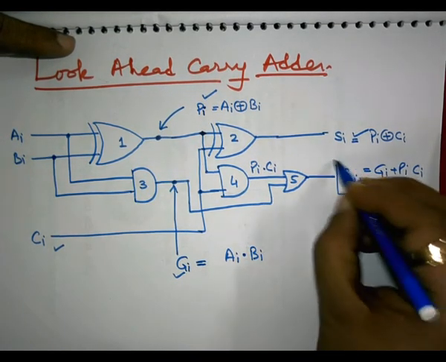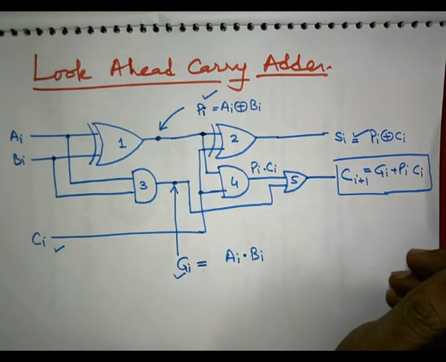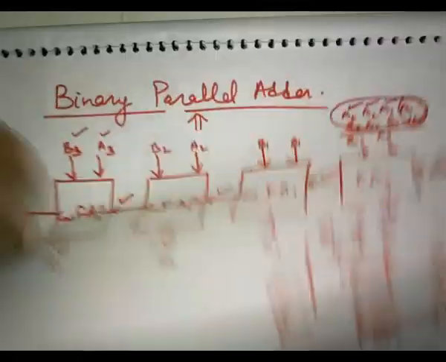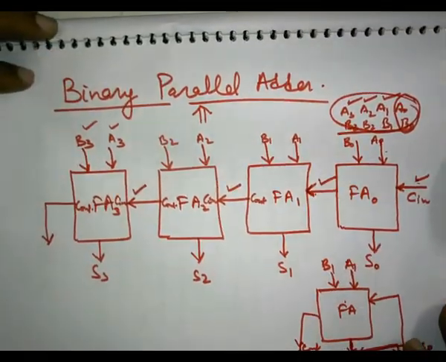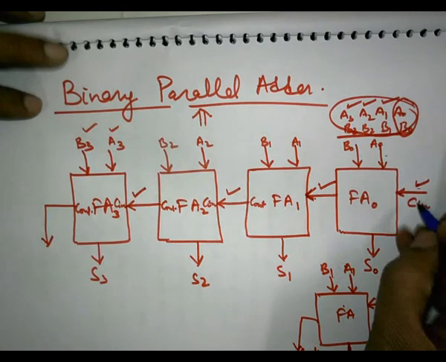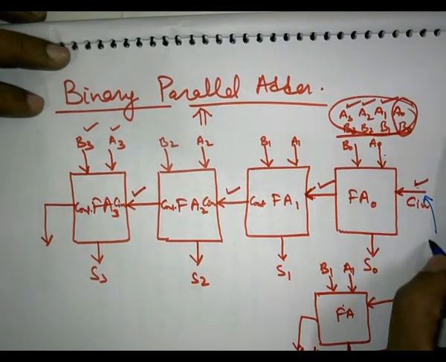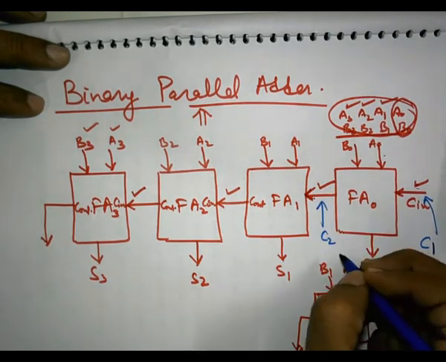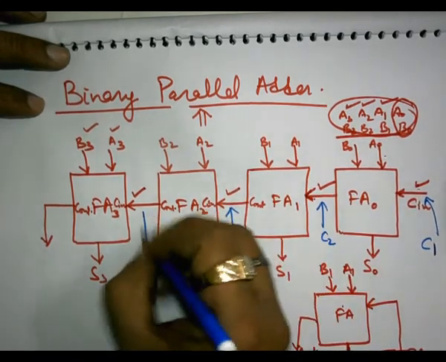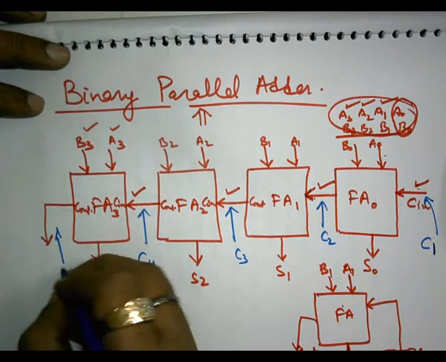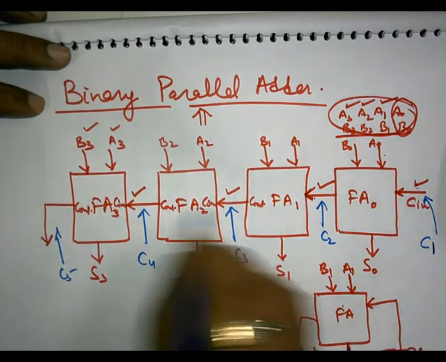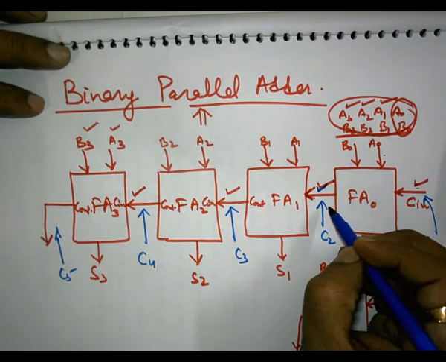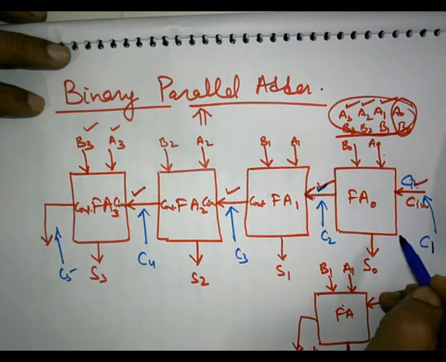Now, this is CI plus 1, and if you look at this full adder circuitry, we say this is C1, if we say this to be C2, this will be C3, this will be C4, and this will be C5. And in general, they are called Ci plus 1. What I am getting over here is Ci plus 1, and here I am applying this Ci. Okay.